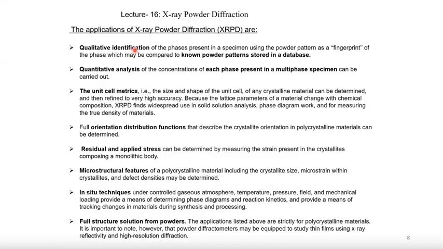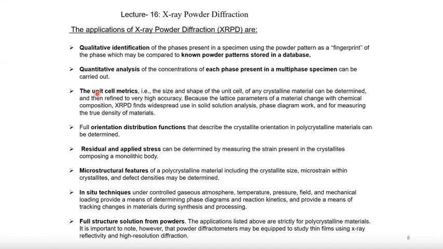But we can also quantitatively analyze the concentration of each phase present in a multi-phase specimen. Okay, and that is what we have to do.